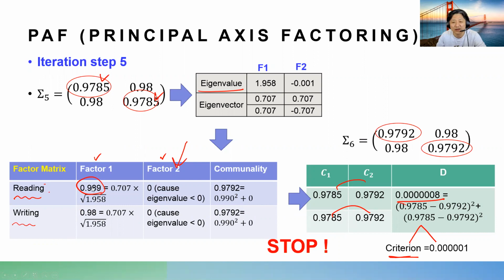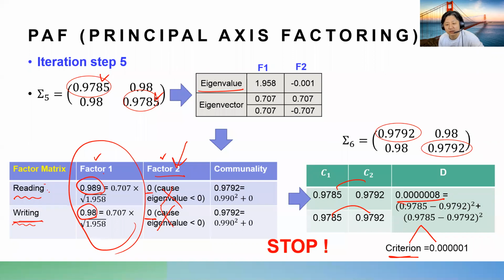It's really, really high. The correlation between reading and factor 2 is 0, so factor 2 doesn't contribute anything to our total variance. What about writing? The correlation between writing and factor 1 is 0.98, and factor 2 is 0. So maybe we can pick a one-factor solution.